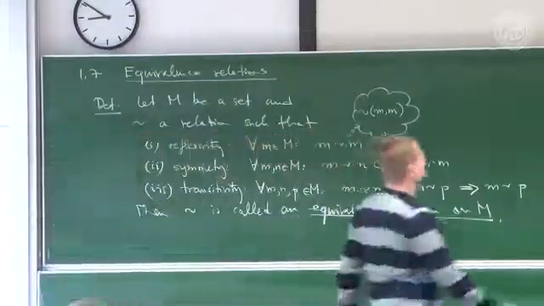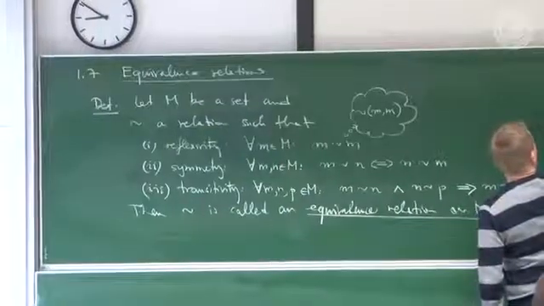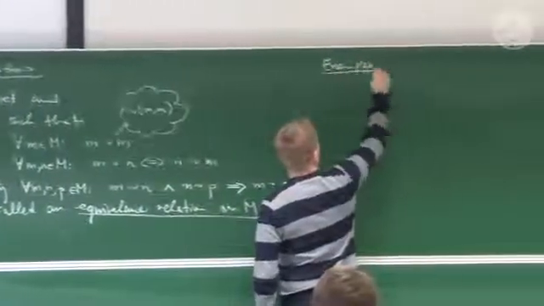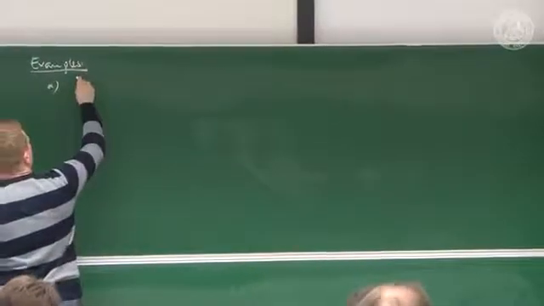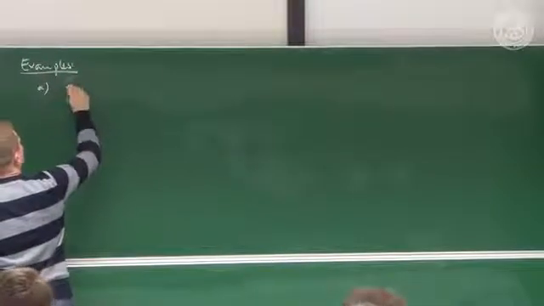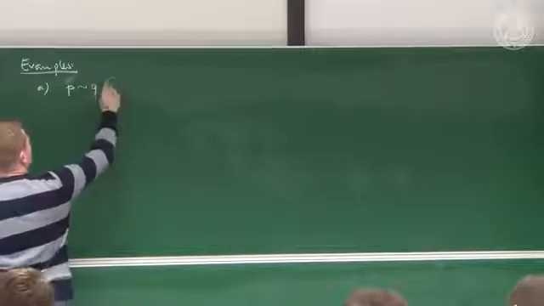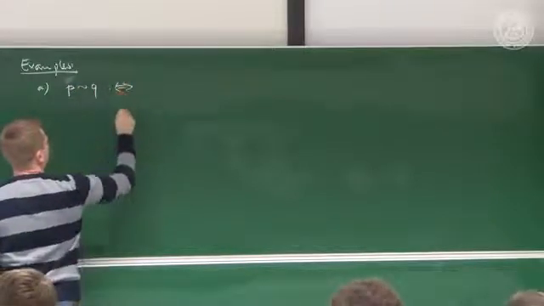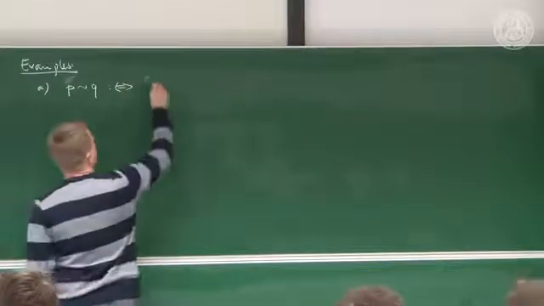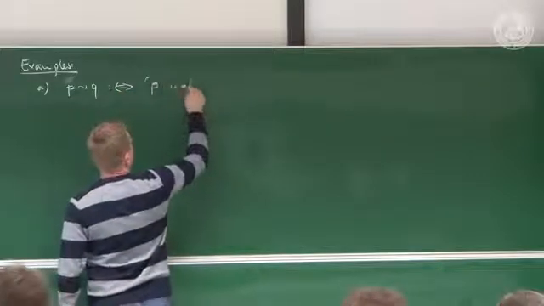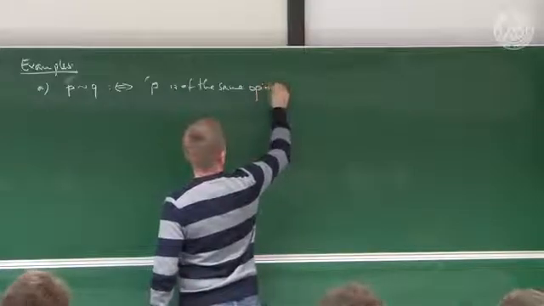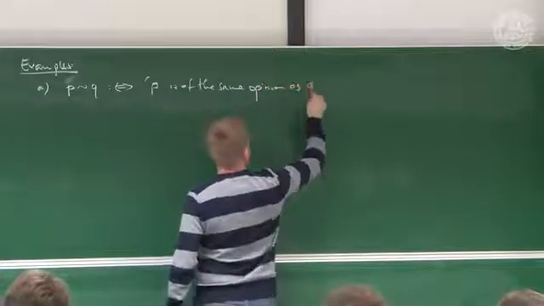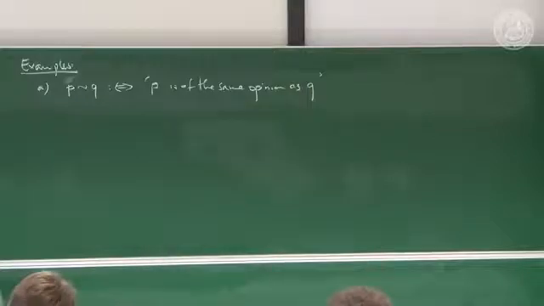Now, some examples are in order. So let's say, first example, let's define p ~ q. By definition, this is supposed to be that p is of the same opinion as q is. Let's think of them as human beings.